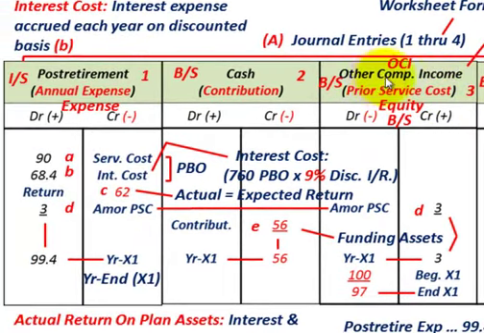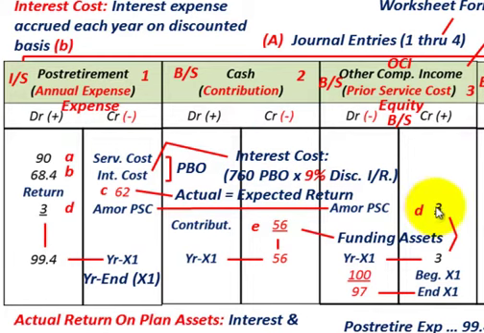Okay, so let's go back to our Other Comprehensive Income, prior service costs. So what do we have in this case? Well, the only thing we had was the amortization of our prior service cost for our post-retirement annual expense. So what we had there, we had a debit to our post-retirement annual expense. Now we would credit or increase Other Comprehensive Income, our equity account, by the $3,000.